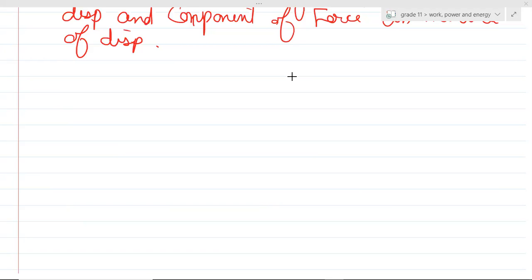So guys, suppose, let me draw an object. Everyone is able to see this object, right?